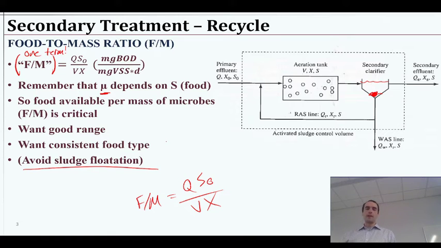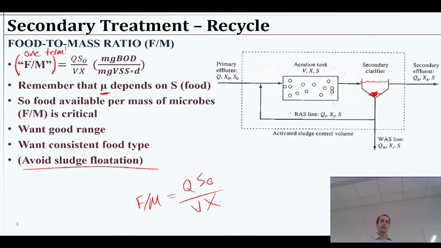With maybe the exception of a case where let's say you're trying to remove nitrogen and they just don't have any carbon-based substrate. Maybe then you do. That's kind of a different topic. So you can't really change either of those. The volume of your reactor is pretty much set. It's not something you can adapt on the fly. So you're not planning to change your volume.